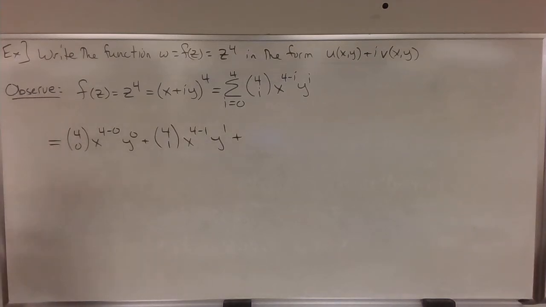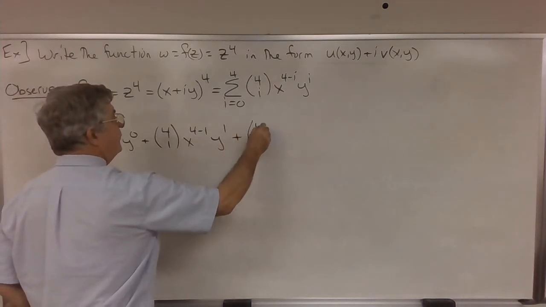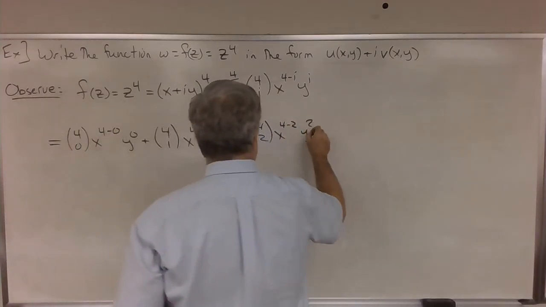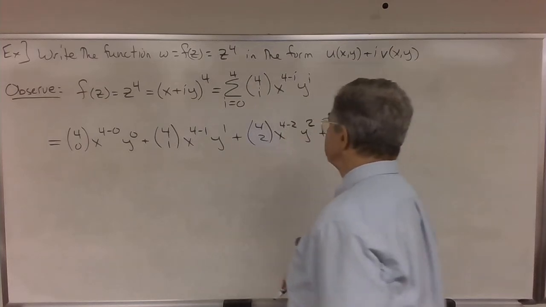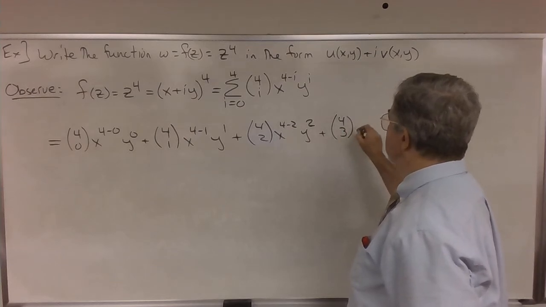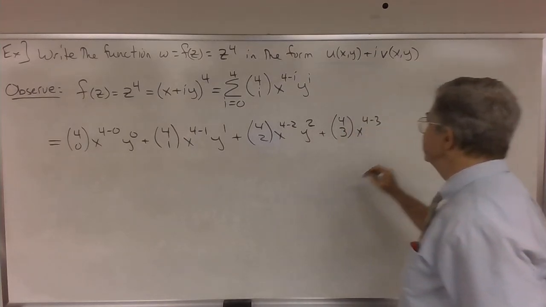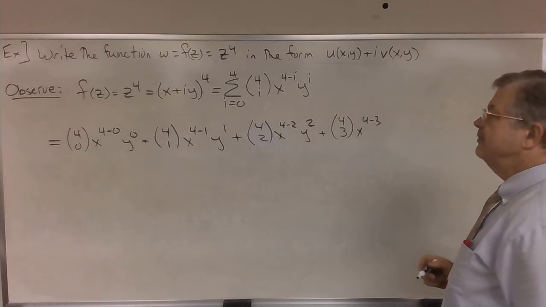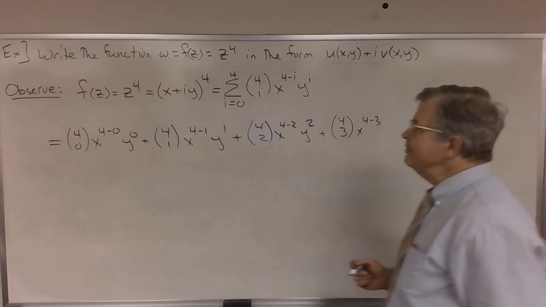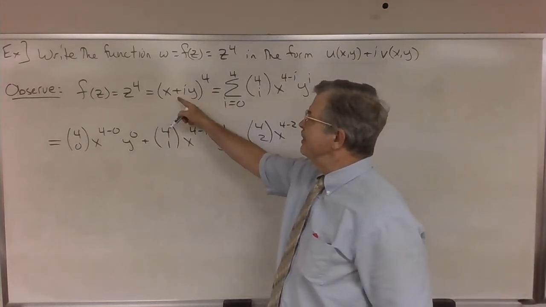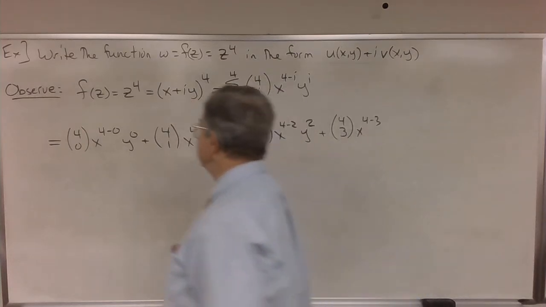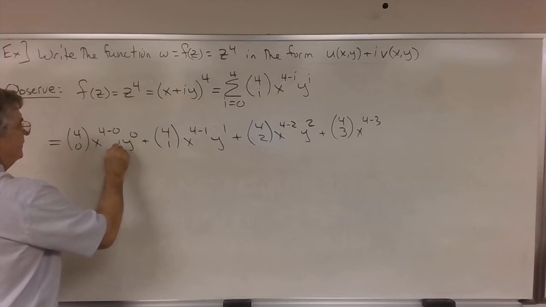Okay, now i is 2. 4 choose 2, x to the 4 minus 2, y to the 2. Now i becomes 3. 4 choose 3, x to the 4 minus 3. Whoops. Oh my goodness, I should be shot. We're not computing x plus y to the fourth. We're computing x plus iy to the fourth.